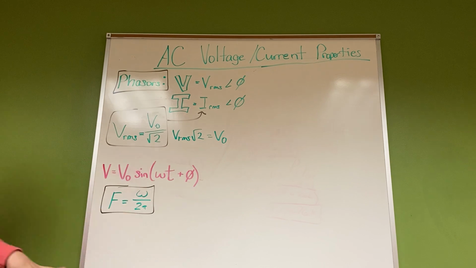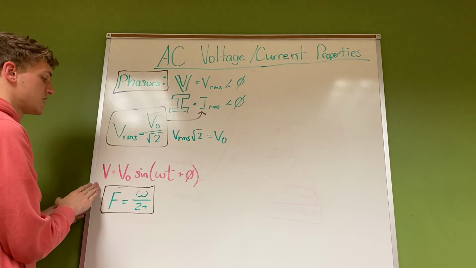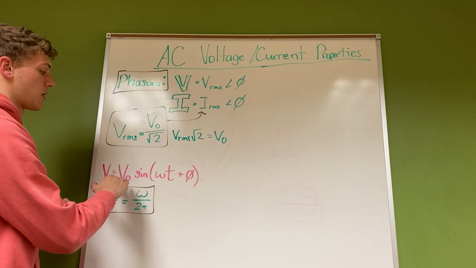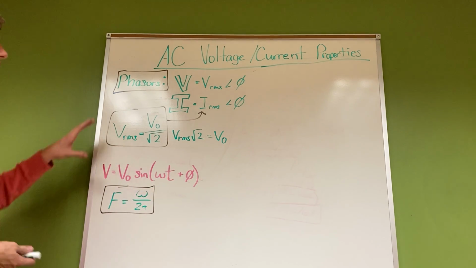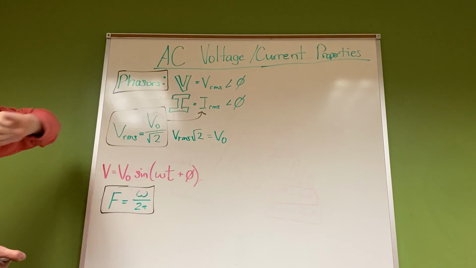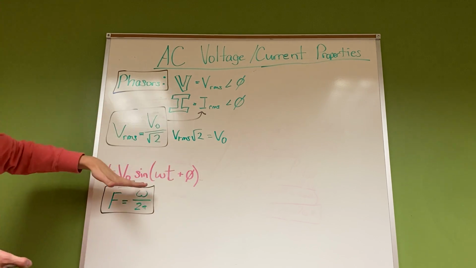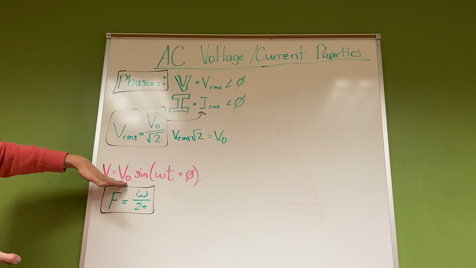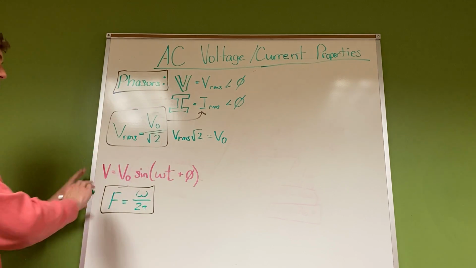So a lot of equations to take in at first, but this is simply relating the voltage or the current from a DC circuit, and now showing it as it's affected by a sine wave or by the time that it's taking. You have phasors, Vrms, and this equation to relate phasors with your normal voltage or current that you're given at an angle, and this would be the equation that helps relate those all.